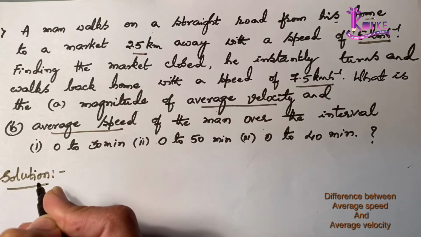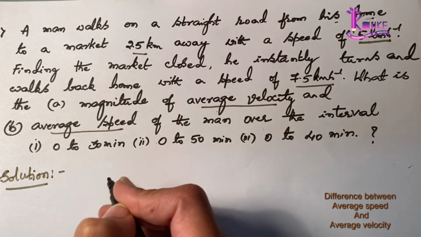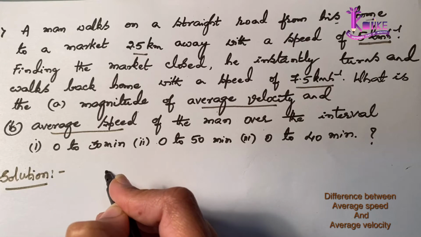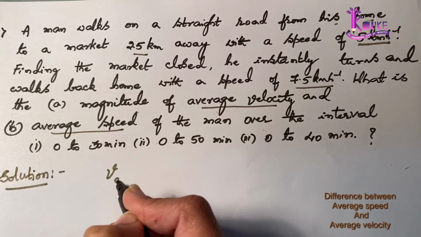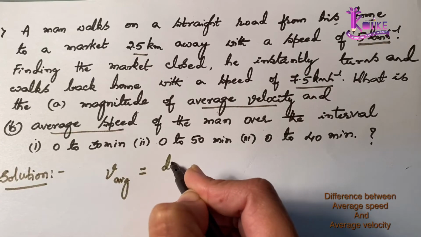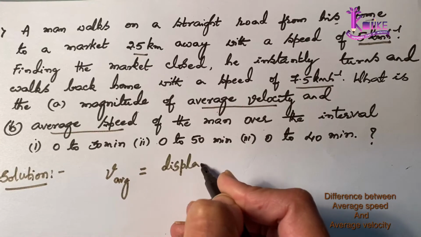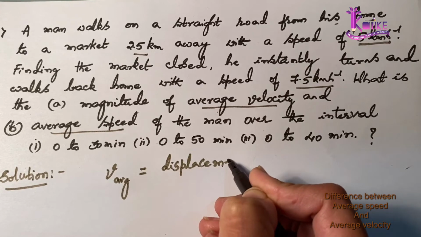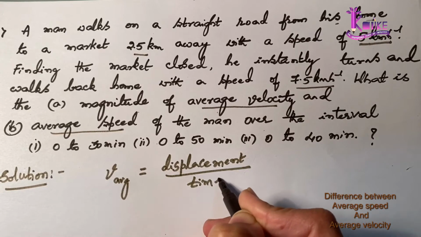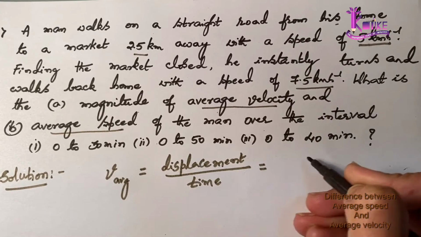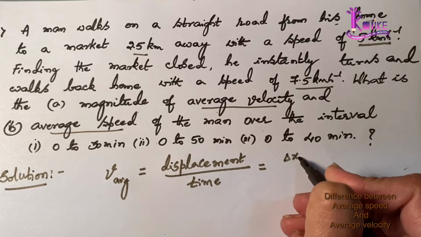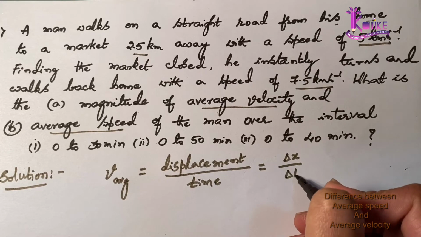To do so, I will first write down the formulas that we know for average velocity and average speed. So average velocity, I denote it by V average, is equal to the ratio of displacement to time taken, which is displacement, delta x, divided by delta t.